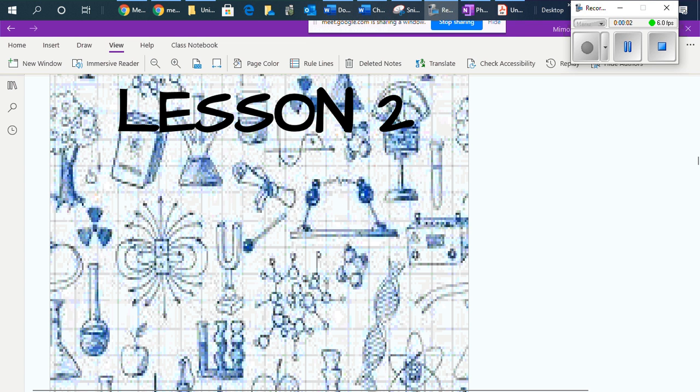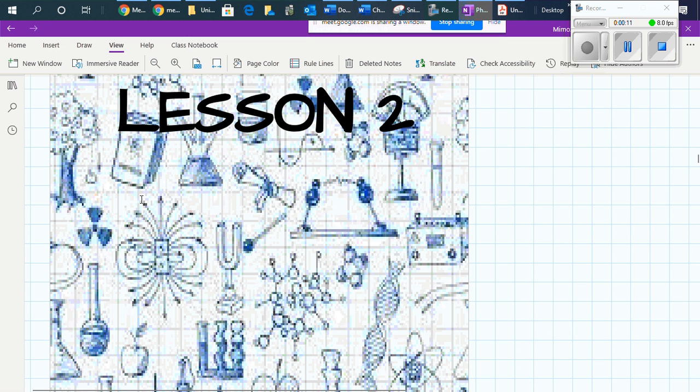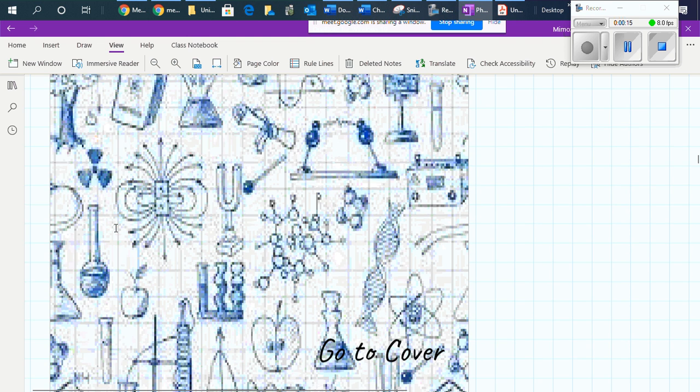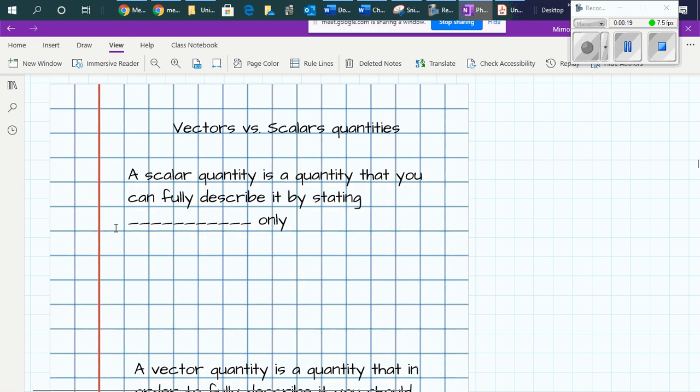So this is the second lesson on basic unit, which is a unit that deals with basic stuff that you need to know on Physics 20. And the focus of this lesson will be finding the components. How can we describe a vector?